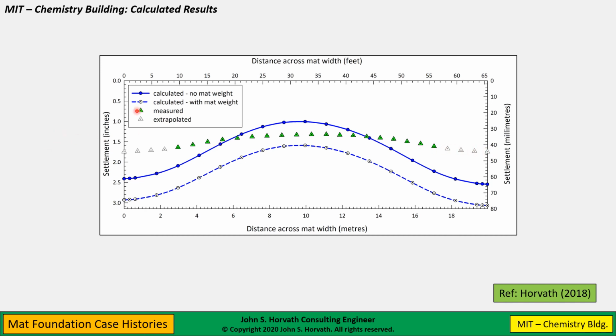But admittedly, there is not a very good correlation with the differential settlement. The total settlements were matched, I think, reasonably well. Could be a lot of reasons here. It could be the fact that the interaction with the unusual superstructure framing did not provide a good picture in the calculations.